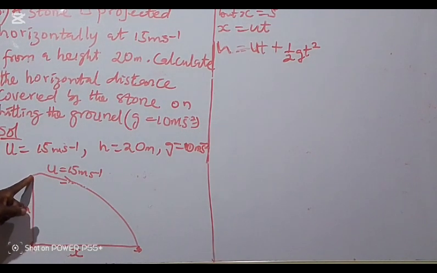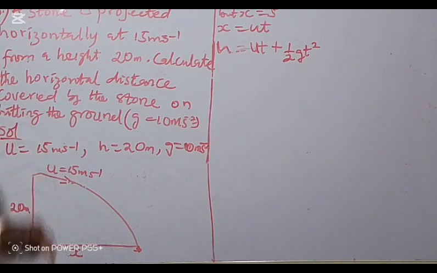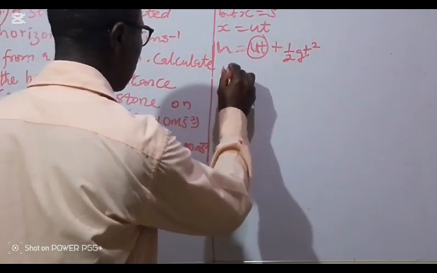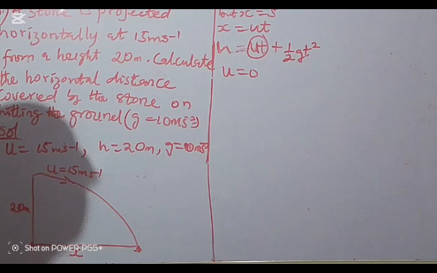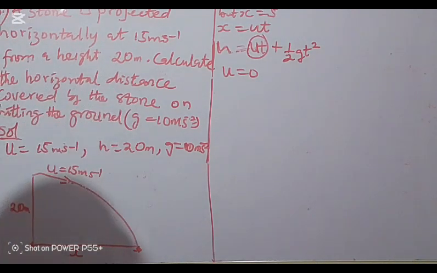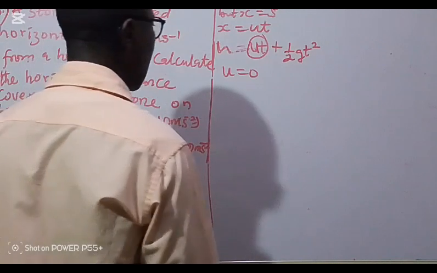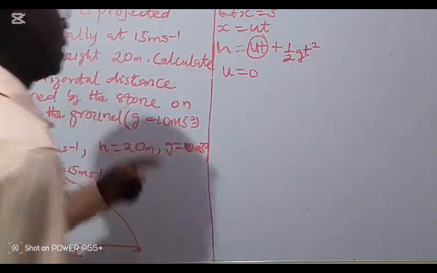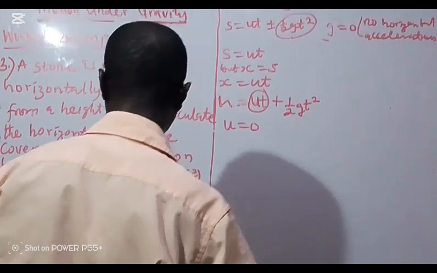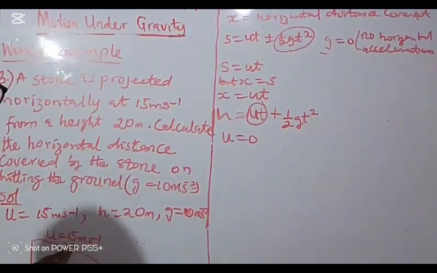And don't forget our theory that when an object is falling from a certain height to the ground, the value of u will be equal to what? 0. u will be equal to 0. Why? Because the object is coming down. When we apply this to horizontal distance, that is why our u is 15 meters per second.